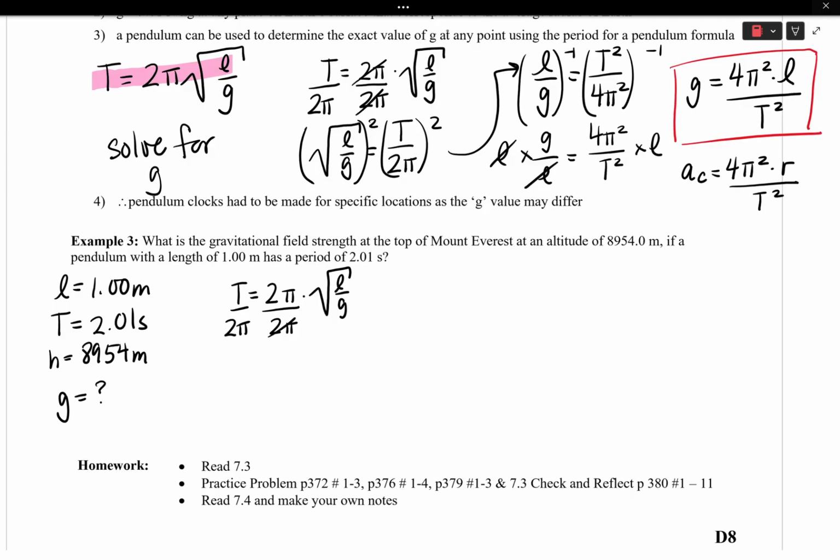So then we are left with T over 2 pi is equal to the root of L over G. We're going to square both sides. So now it becomes L over G is equal to T squared over 4 pi squared.